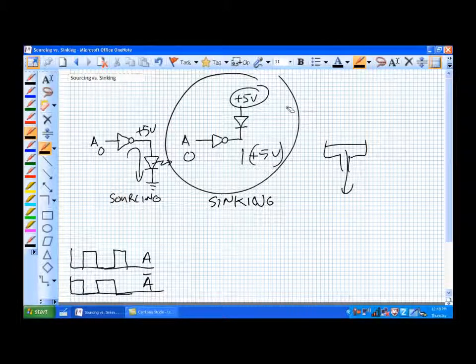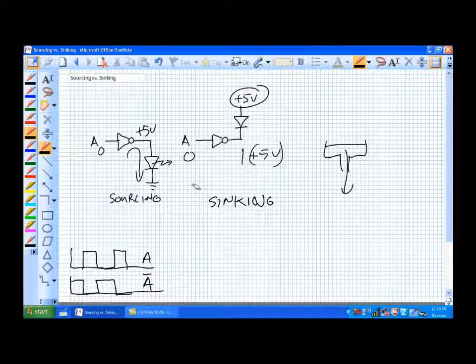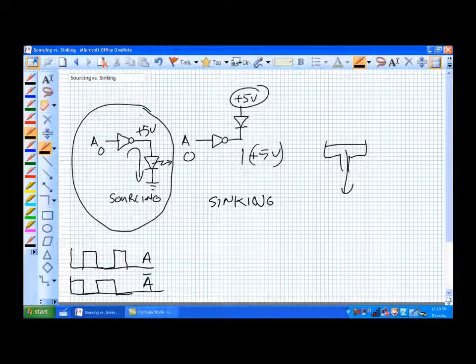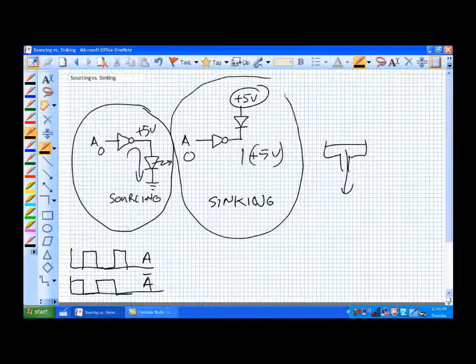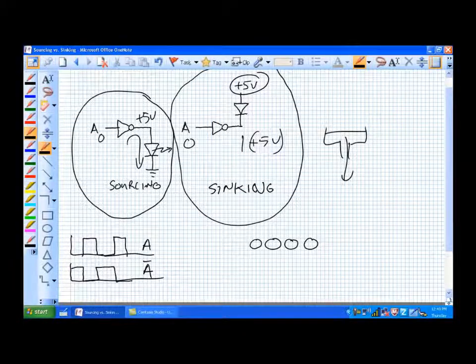So sourcing versus sinking is a very important concept in your labs, because what causes your LEDs to light up? In this sourcing arrangement, a 0 causes it to light up. In this sinking arrangement, a 1 causes it to light up. So if I gave you 4 LEDs, and let's say this one's lit, this one's lit, and you are in a sourcing arrangement, what does that represent?